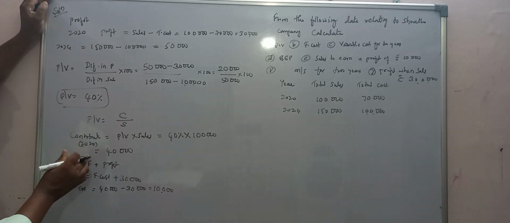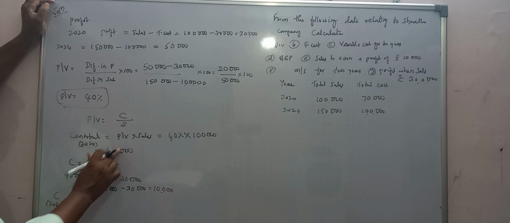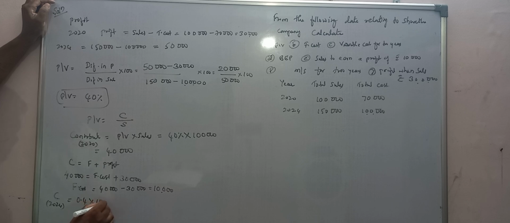If I use the same method, I should get the same using 2024 also. I'll show that also. To get contribution for 2024, PV is known, 0.4, into sales amount of 2024, that is 1,50,000. So 60,000 I am getting, right? Same I am using to get contribution, formula: fixed cost plus profit.